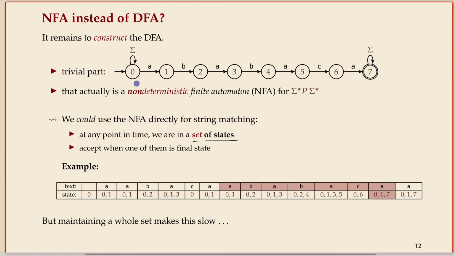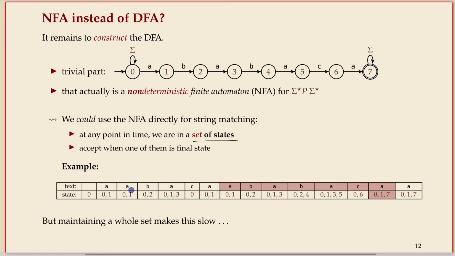Let's do it on an example again, so same example as before, just to see how this works. We initially start in only the start state 0. So far, so good. Now if an A comes, I can go to state 1, but I could have also stayed, so I just do both. And after that, I'm simultaneously in state 0 or 1, where I could be in any of those two states.